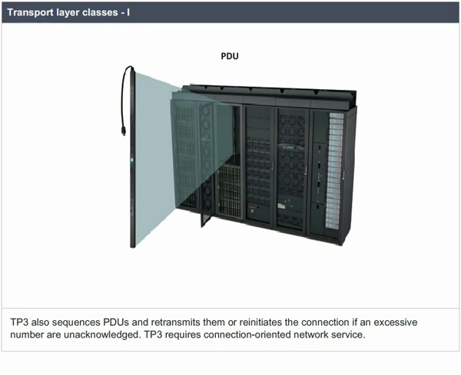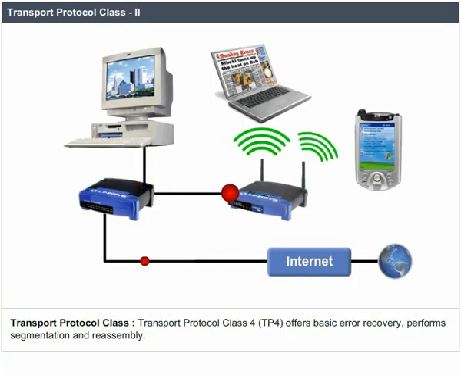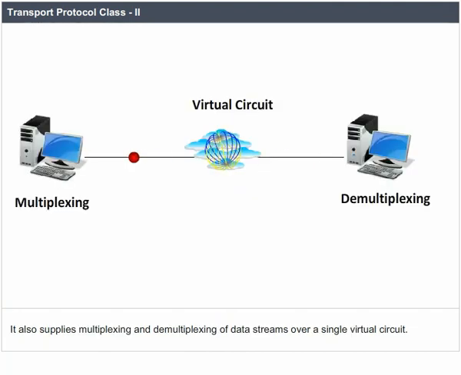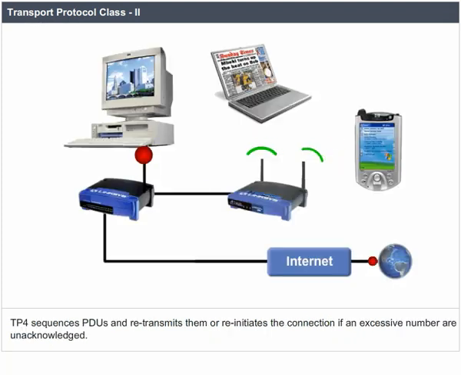Transport Protocol Class 4, TP4, offers basic error recovery and performs segmentation and reassembly. It also supplies multiplexing and demultiplexing of data streams over single virtual circuits. TP4 sequences PDUs and retransmits them or reinitiates the connection if an excessive number are not acknowledged.